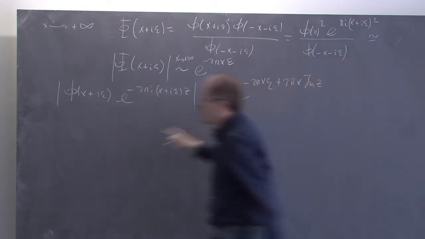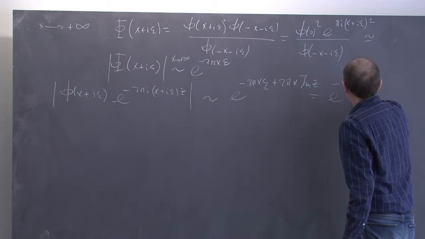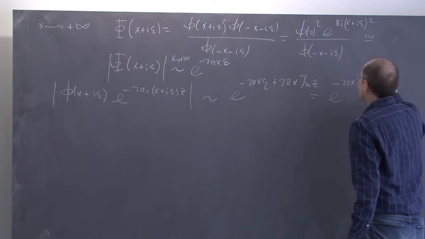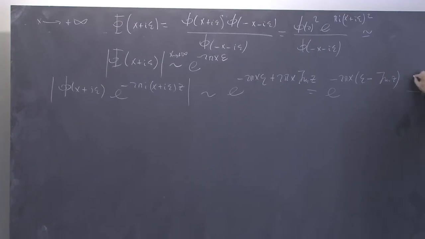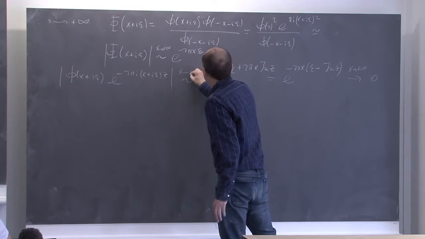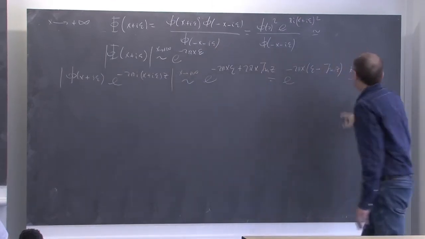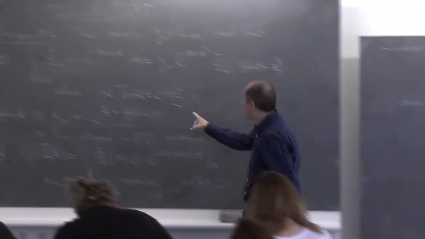It's the same as before, right? So nothing changes. And we can write this as e to the minus 2 pi x (epsilon minus imaginary part of z). And this goes to 0 when x goes to plus infinity, because the imaginary part of z is assumed to be less than epsilon.